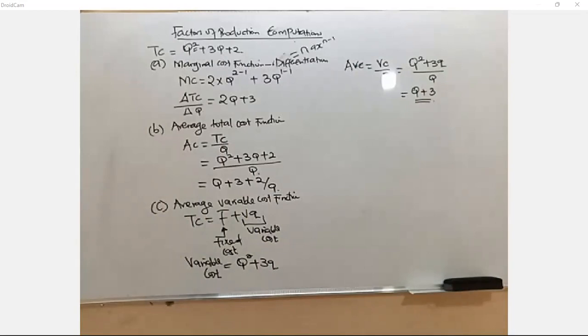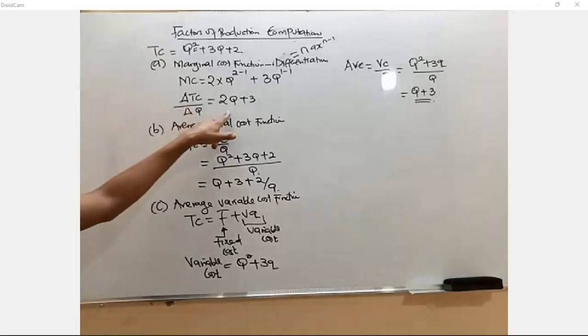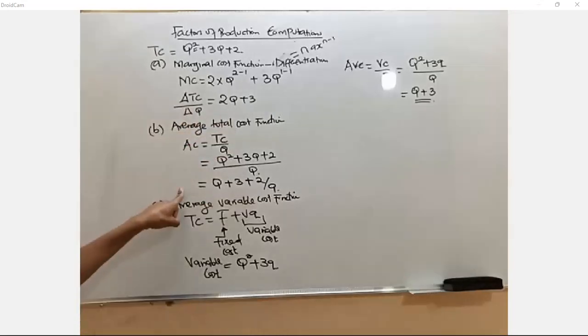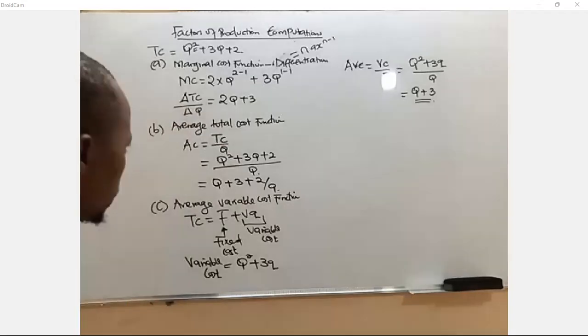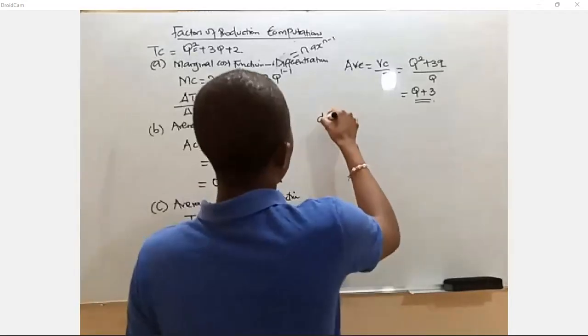In this case, it is just like equating the marginal cost function, which we have here, with the average total cost function, because the examiner is asking at what level of output the firm would minimize its average total cost and its average variable cost in the short run. So this is requirement D now.